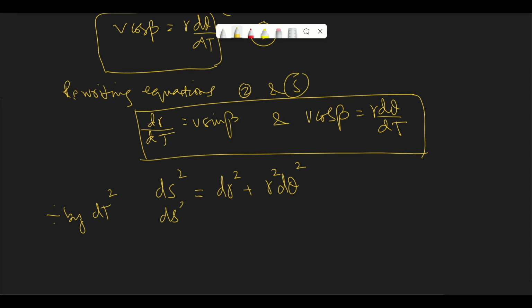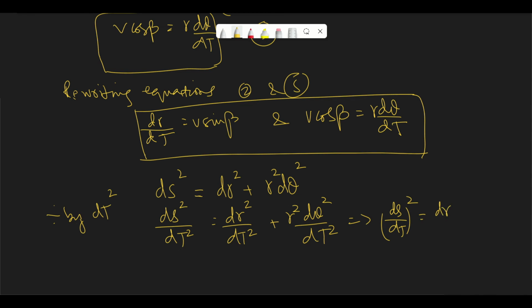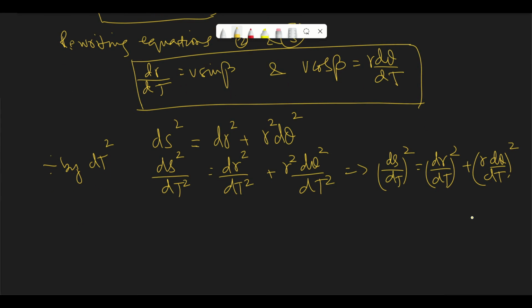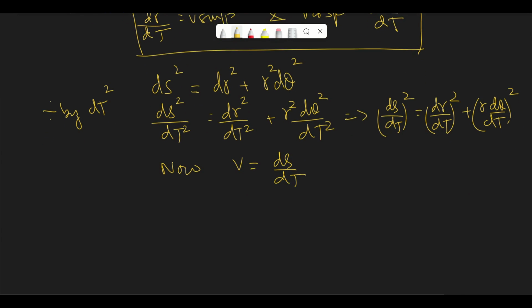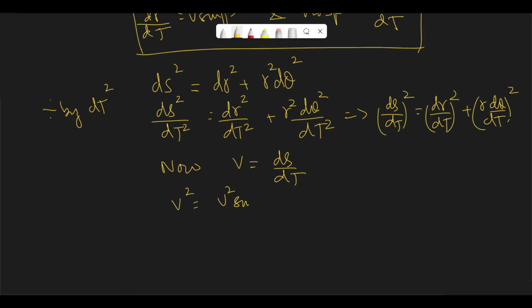So dividing by dt², we obtain, which gives us, now the velocity is equal to ds/dt.